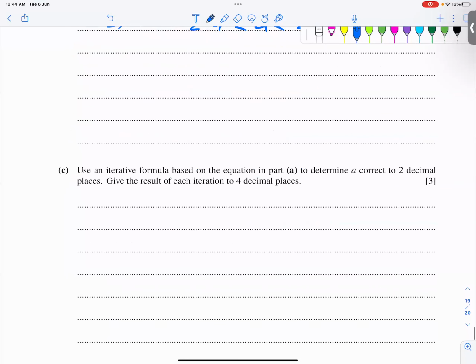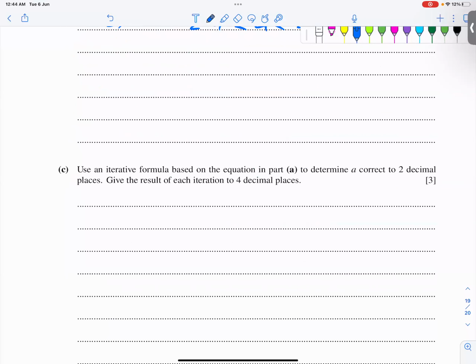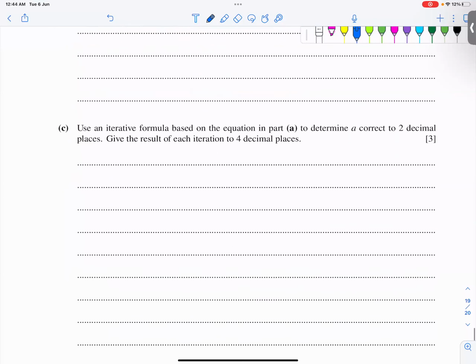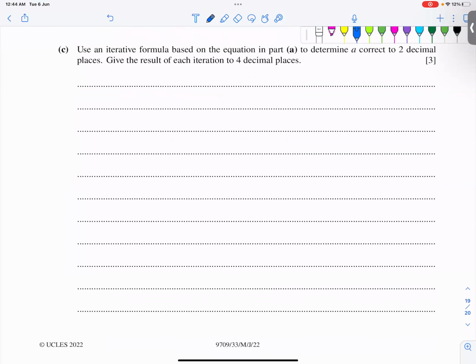Now the next part is: use an iterative formula based on the equation in part a to determine a correct to 2 decimal places. Give the result of each iteration to 4 decimal places. Now, first of all, we will set the iterative formula. Now, as a was 35 over 3 ln of a minus 1 whole power 1 over 3, we will first of all set the iterations.